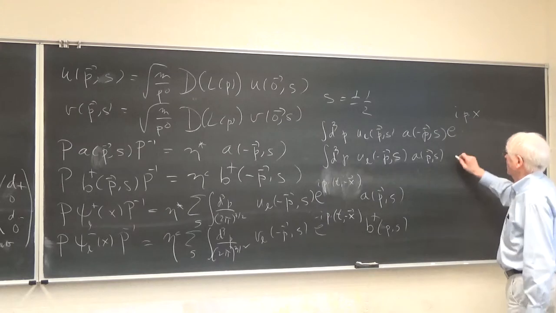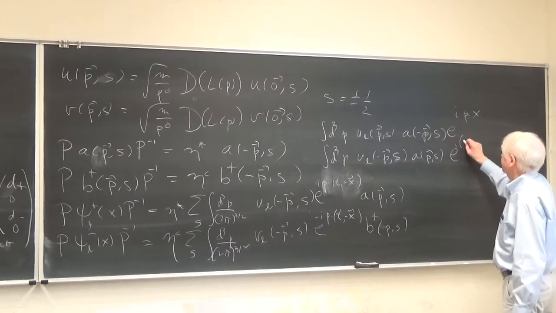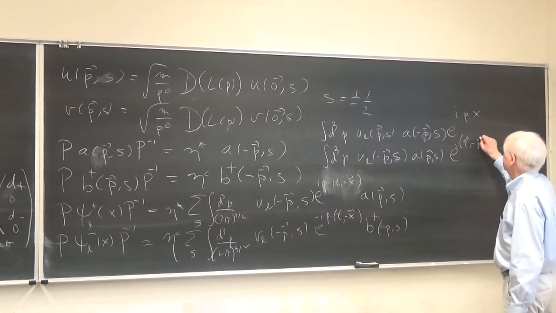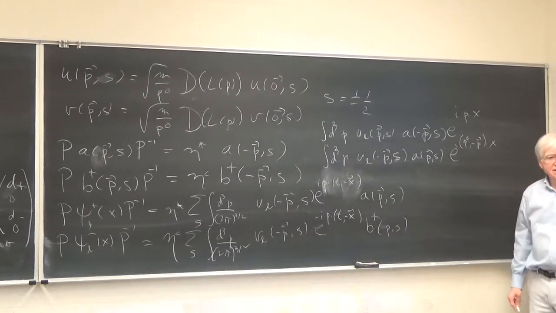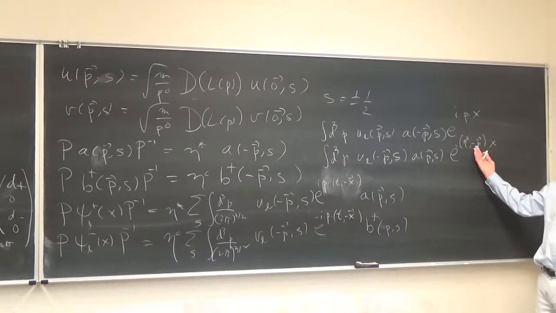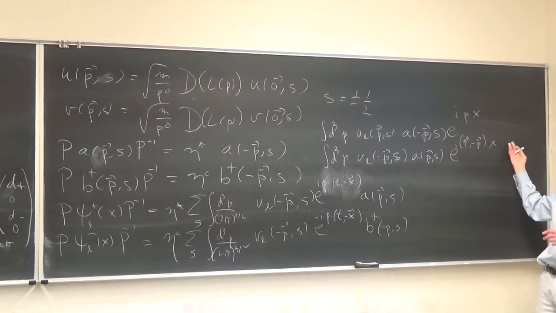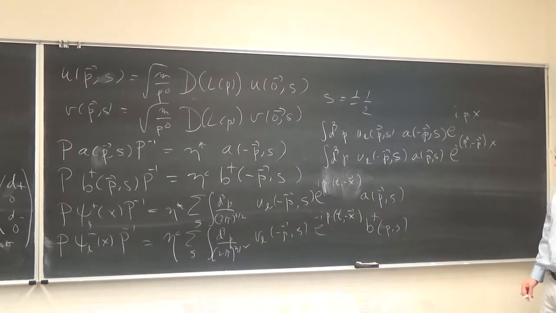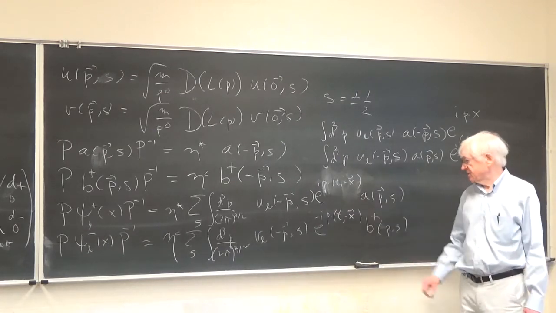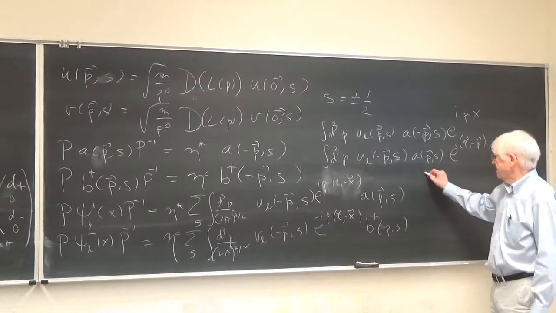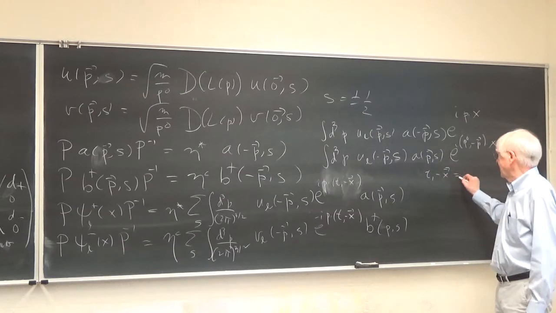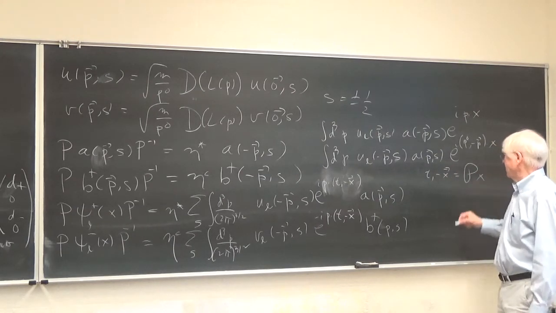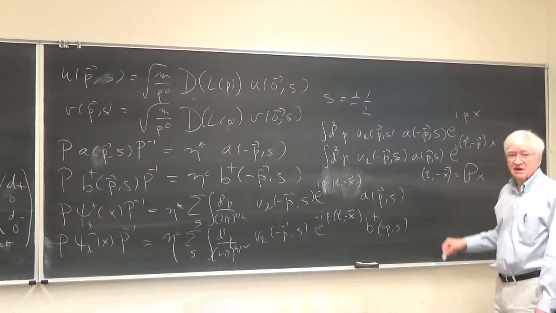But now, what do we have? We have e to the i, p0 minus p dot x. I see. So then you can flip the minus of the spatial part of the momentum to the minus of the spatial part of the position. And when you do that, you get this. And Weinberg writes p minus x as script P on 4 vector x.